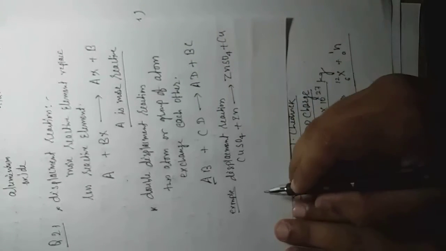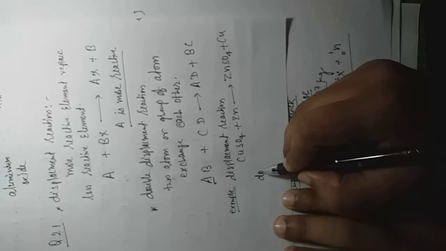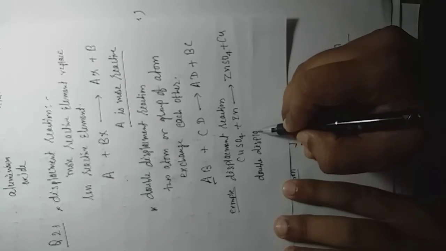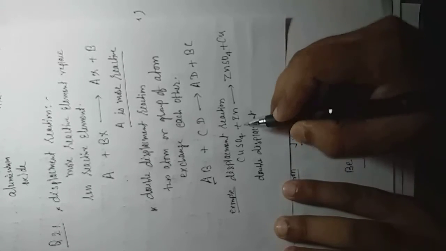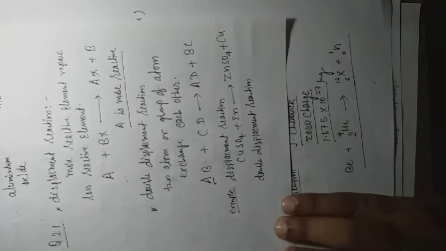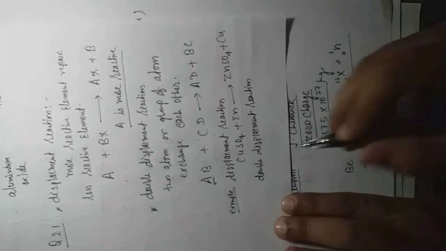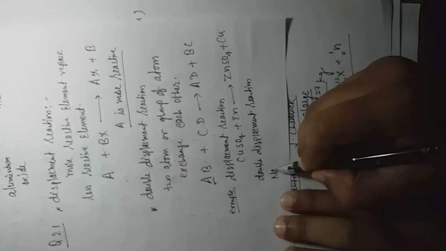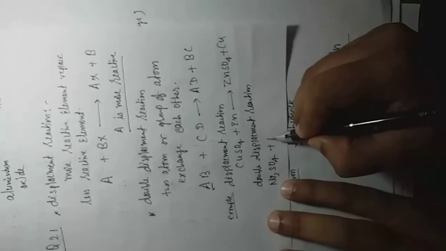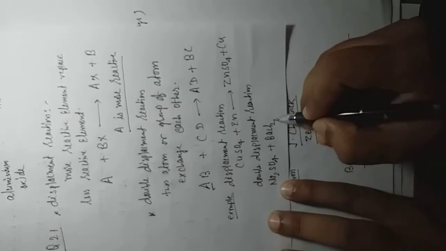Example of double displacement reaction: here the exchange takes place, they exchange places. Na2SO4, sodium sulfate, reacts with barium chloride BaCl2.